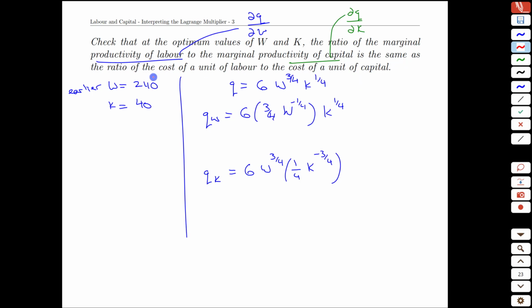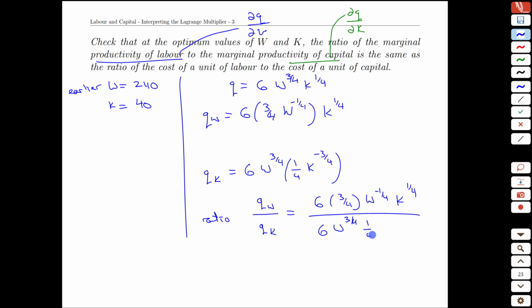Let's take one further step and take a look at the ratio of those two things: the ratio of marginal productivity of labor to the productivity of capital. So the ratio of Q_W over Q_K is equal to this over this. So 6 times 3/4 W to the minus 1/4 K to the positive 1/4 over 6 times 1/4 W to the 3/4 K to the negative 3/4.